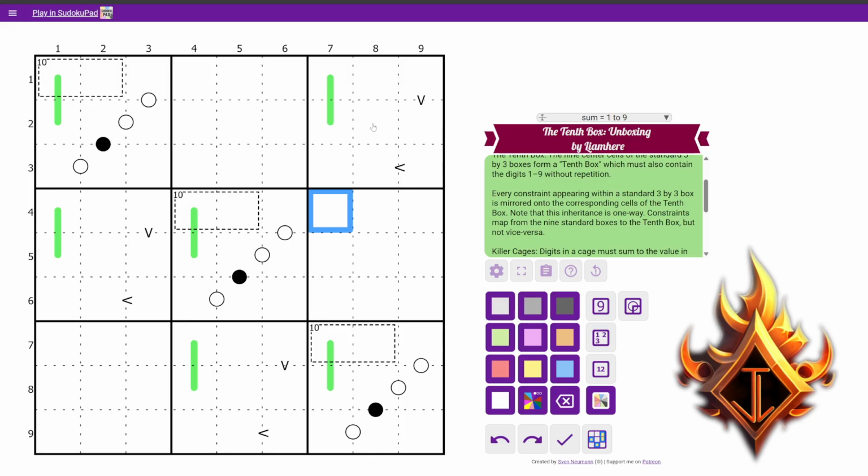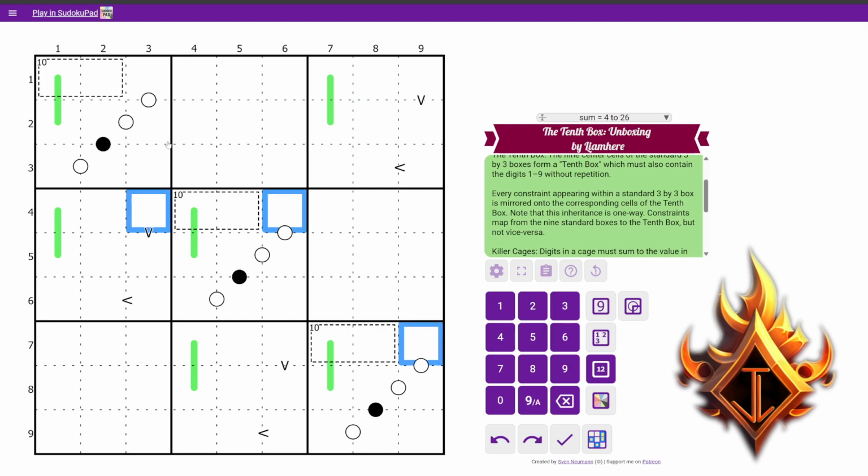What is the corresponding cell of the 10th box? This would be cell 3 of the 10th box. So is it getting that digit from one of those, perhaps? I am unsure, so let me see what we can come up with.